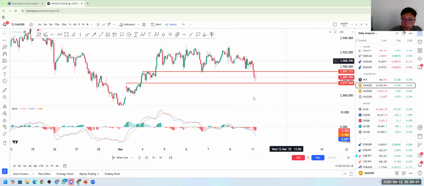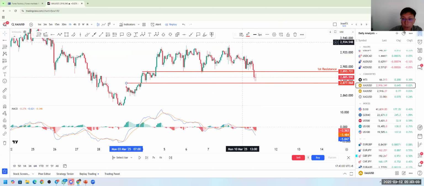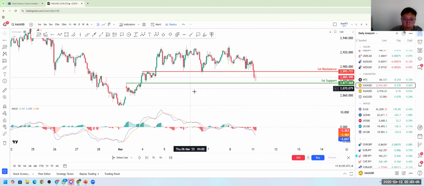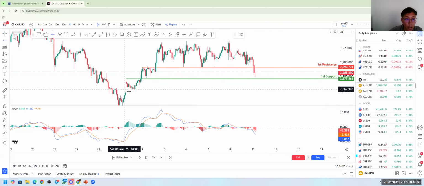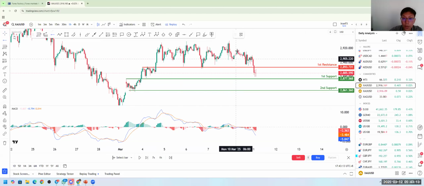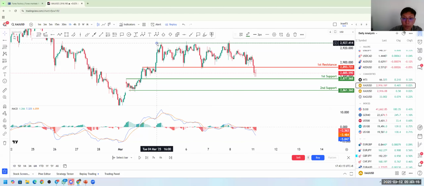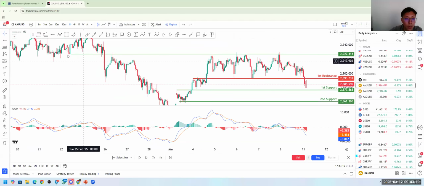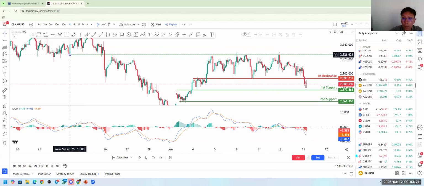This is my first resistance. This is my first support. This is my second support. Then this is my next resistance level. Oh, this is such a nice resistance level.